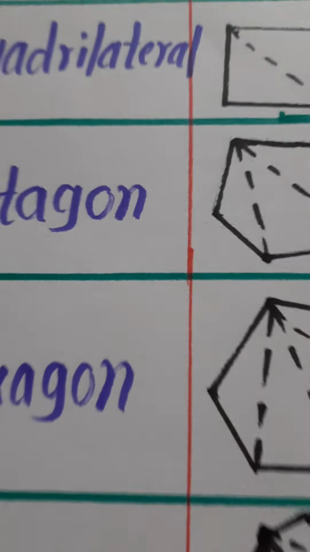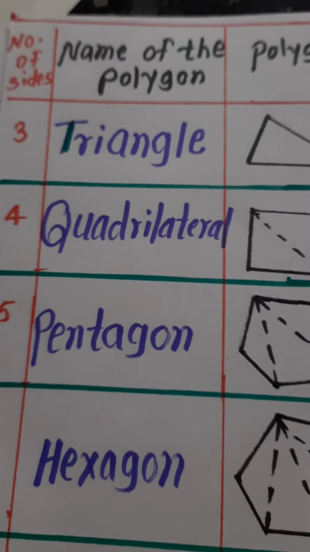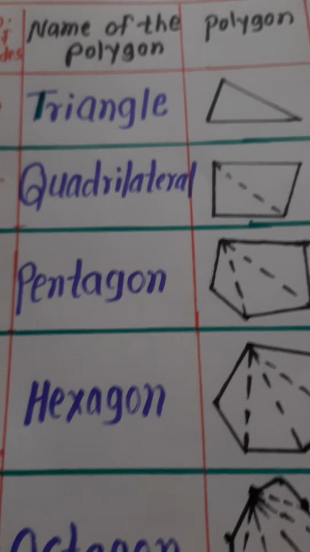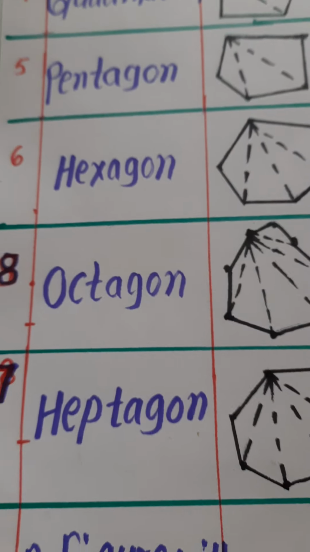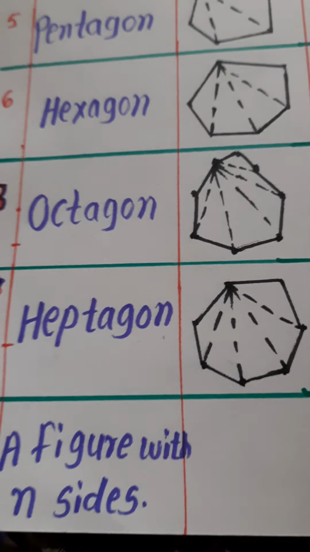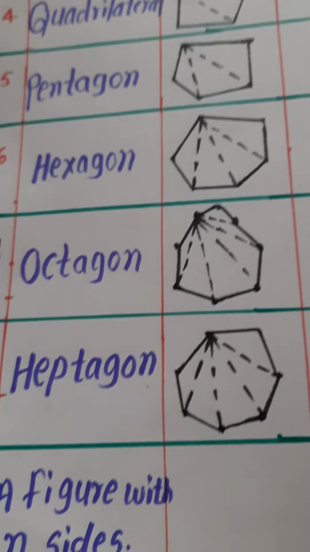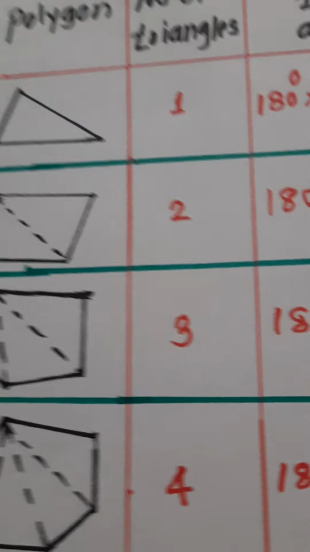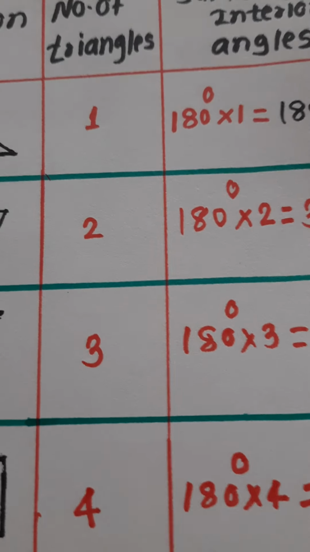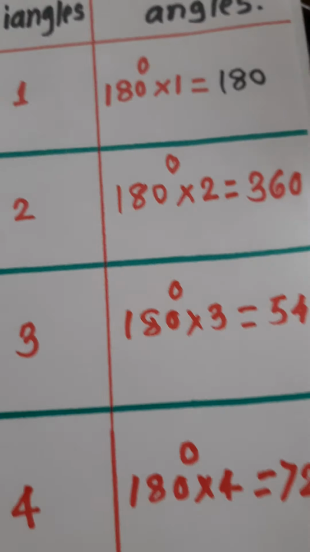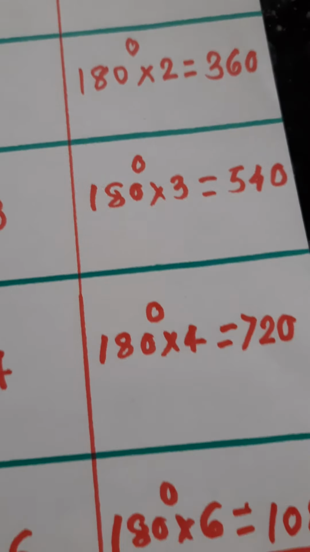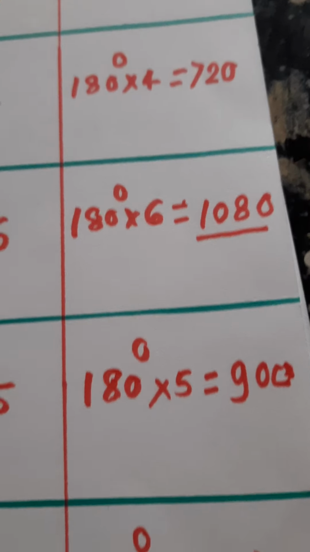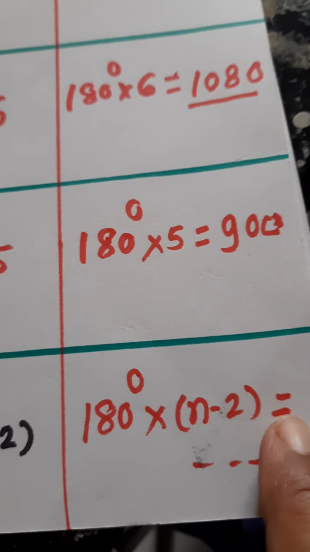Here see this: polygon, triangle, quadrilateral, pentagon, hexagon, heptagon, octagon and a figure with n sides. From these polygons we conclude that the sum of the measures of the interior angles of a polygon is 180 into n minus 2.